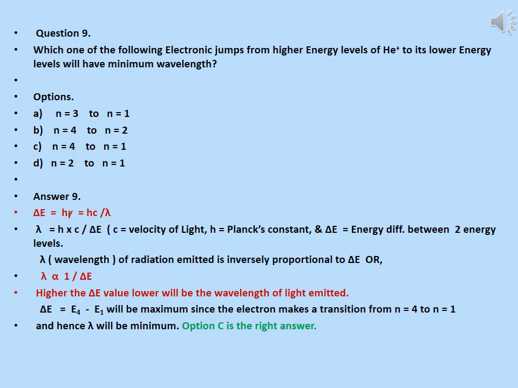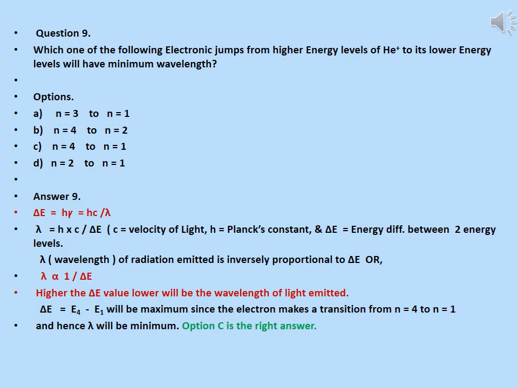Question number 9. Which one of the following electronic jumps from higher energy levels of He+, monopositive helium, to its lower energy levels will have minimum wavelength? Four options are given: A, from n = 3 to n = 1.